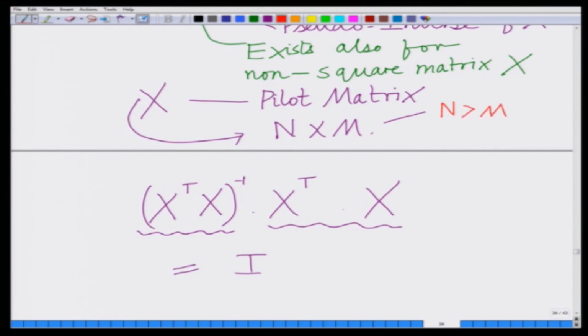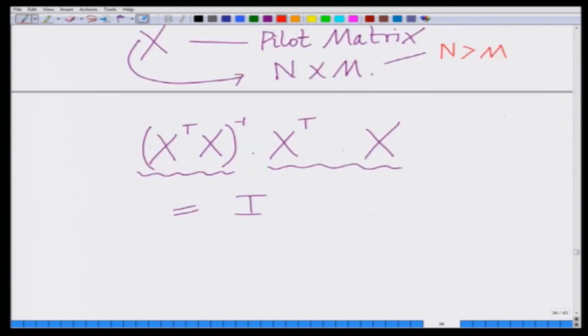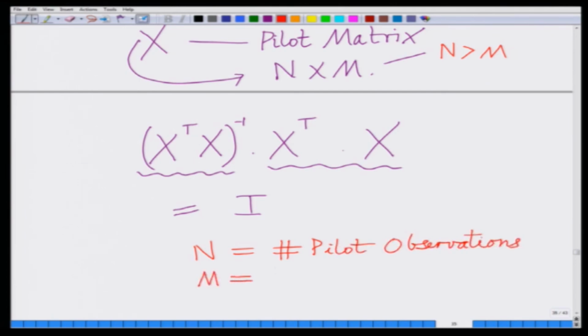We can consider a scenario where n is greater than m. Remember, n is the number of pilot observations and m is the number of parameters in the parameter vector, that is h1, h2 up to hm.